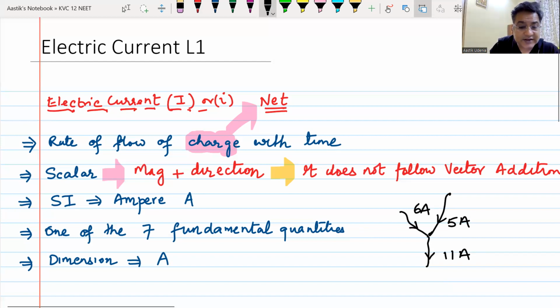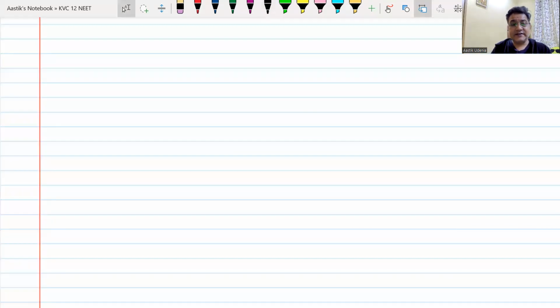Having talked about direction, let us now move ahead and see the direction of current flow. Let us write the next heading, and that will be direction of current flow.